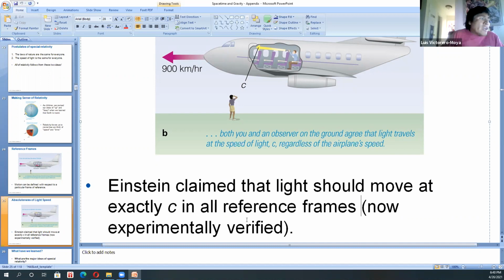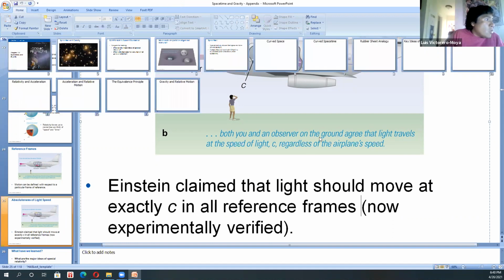Supernovas, radio jets, gamma ray bursts, we have verified that regardless of where we look, the speed of electromagnetic radiation is always the speed of light. It's always the same in vacuum, of course. So we have verified this. We have verified the whole concept of space-time as well, which we should go to now.